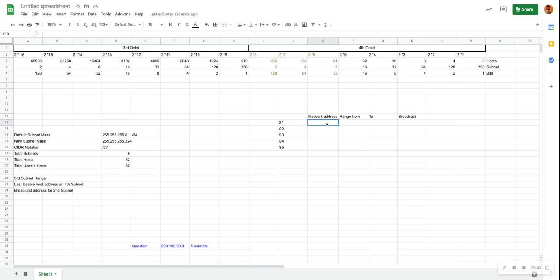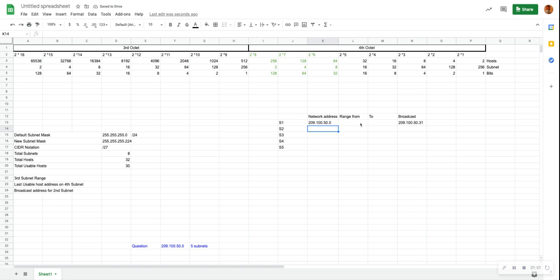Okay, so let's get into completing this table here. So the different subnets. We know our first one because that's been given to us. First network address is 100.50.0. Now, sometimes it's easier to fill in the broadcast address first and work back. The broadcast address will be the last available IP address in that subnet, because we're going up in 32s.